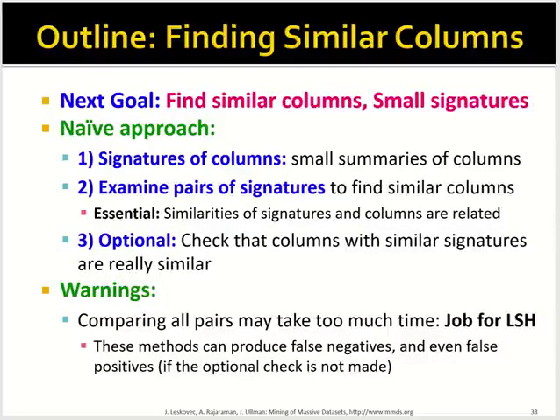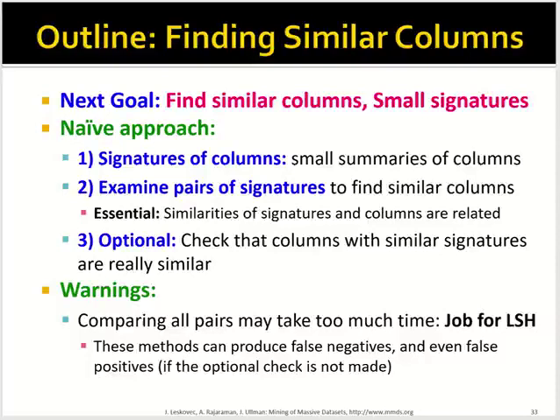Now, when we try to find the smaller signatures, the naive approach is to figure out the signatures of columns. For example, we can use small summaries of columns to represent the signature of each column, and the second thought is that we examine pairs of signatures to find similar columns.